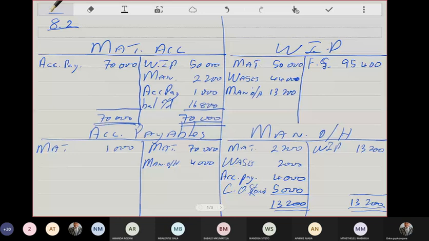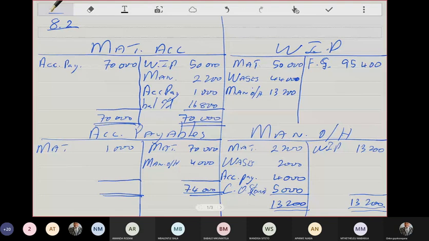Then we move on to the next account, the accounts payable that we have there. This side gives us 74,000.